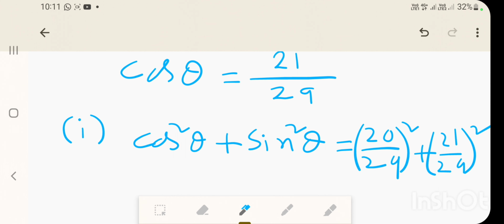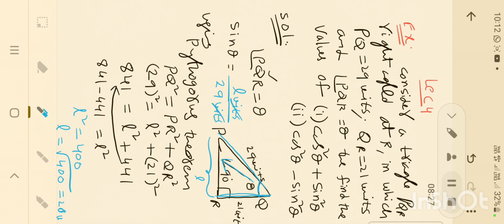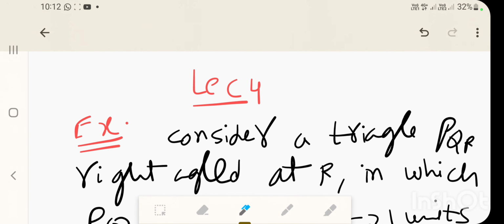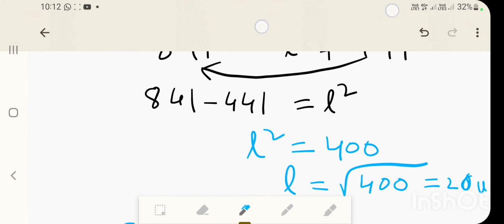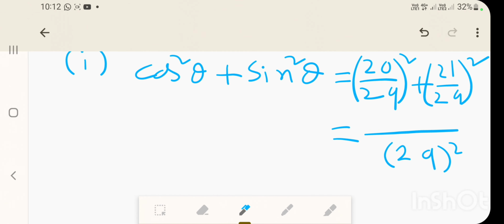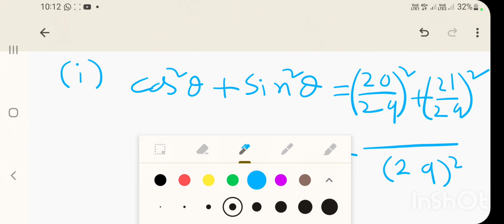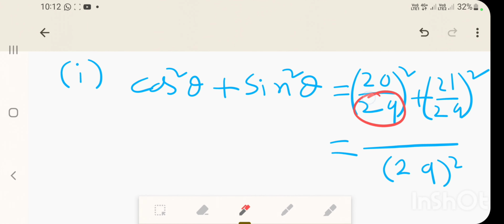We can take the LCM here, which is 29 square, that is 841, because in both terms the denominator is 29 square.